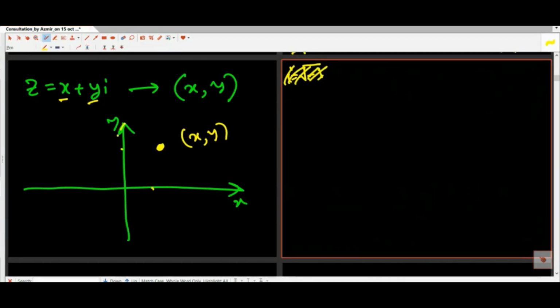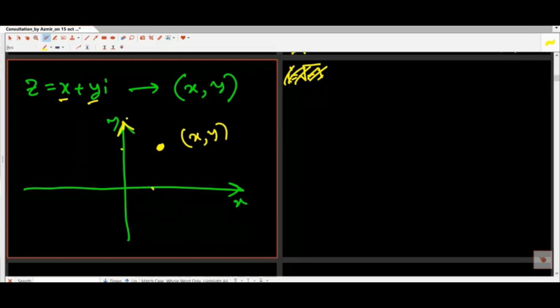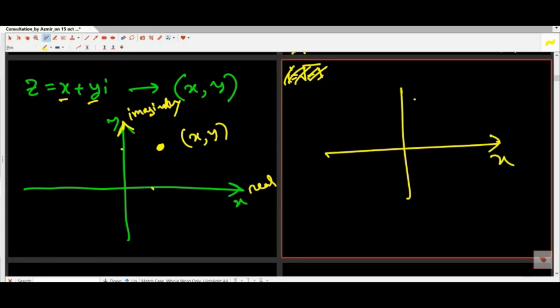So this y-axis is the imaginary axis, and this x-axis is the real axis. So this is the only difference between the previous course and this course, that is in Math 110 or 120.